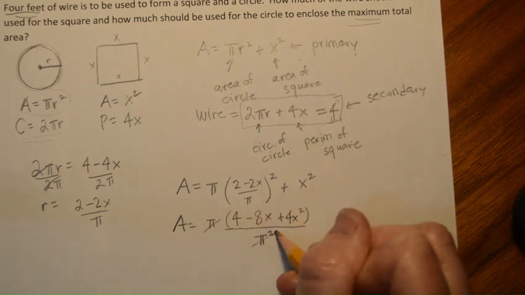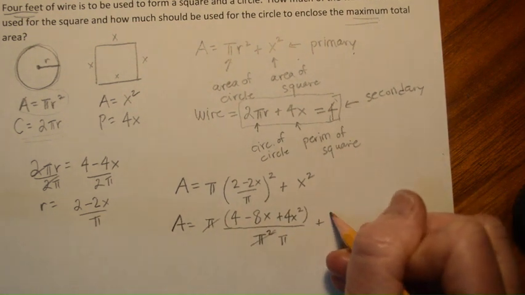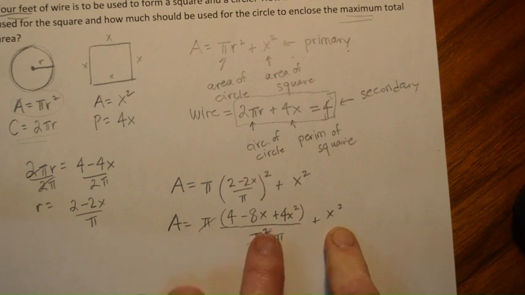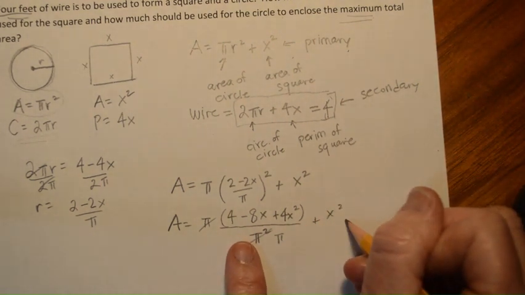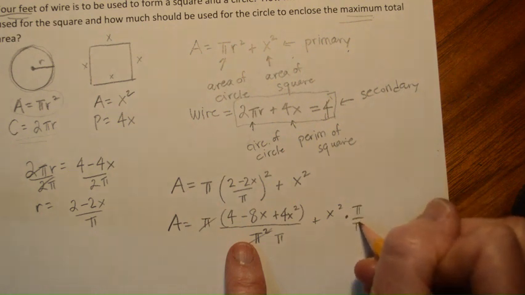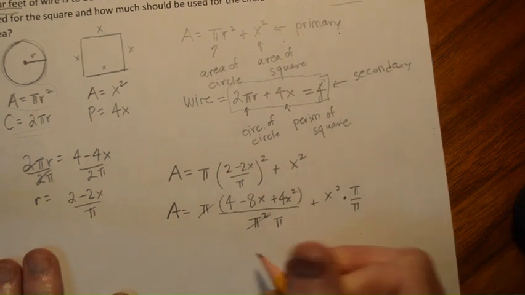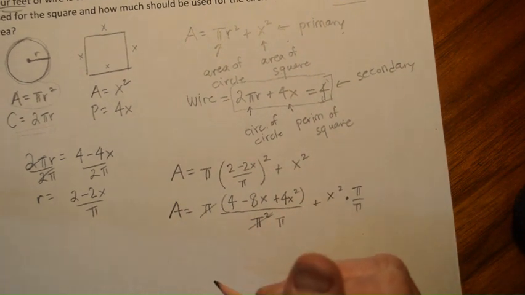And again, that's where I'm saying that I'm just going to end up with a pi down here plus x squared. And let me rewrite this where I know I'm going to need to find a common denominator here. So let me just multiply this top and bottom by pi.